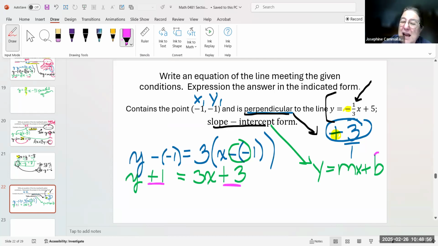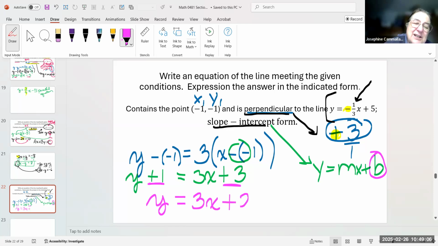These two are going to give me my b, which is y = 3x + 2. That is my equation in slope-intercept form.